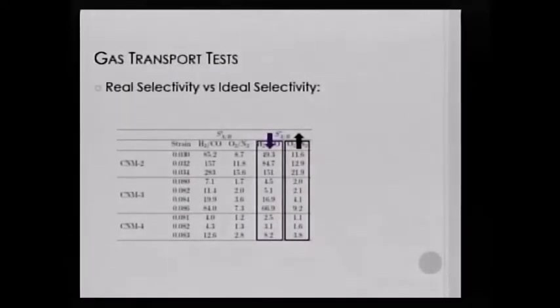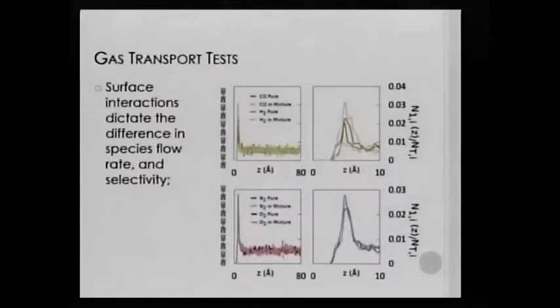In order to realize why this happened, we looked into the surface interaction between the gases during the stabilization process prior to the separation. So here we can see that in the case of CO and H2, there's a different behavior when they are in mixture and when they are isolated.